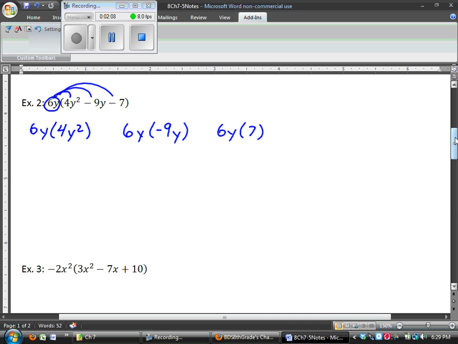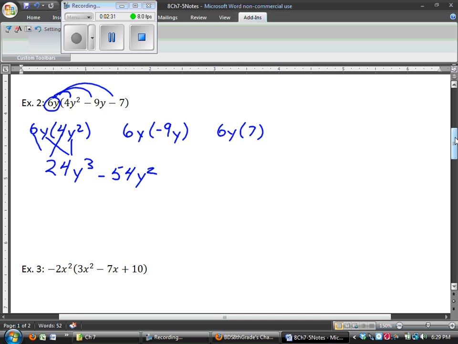Okay? So 6y times 4y squared becomes 24y to the third. 6 times 4 gives me the 24. Y times y squared gives me the y cubed. Then I have 6y times negative 9y to get a negative 54y squared.